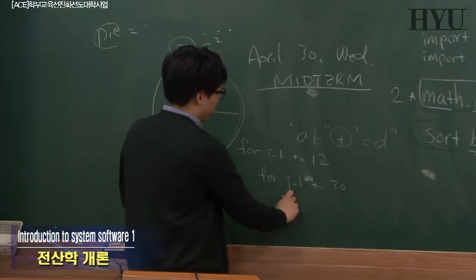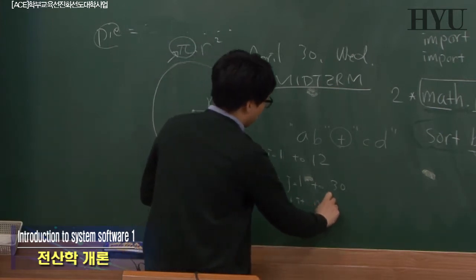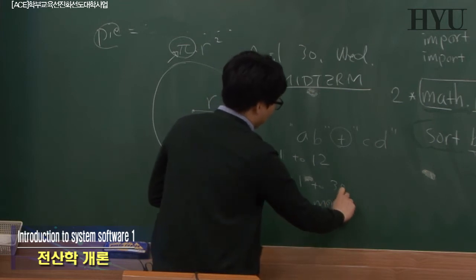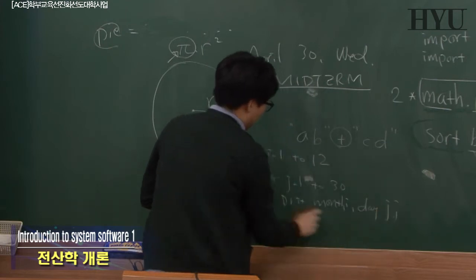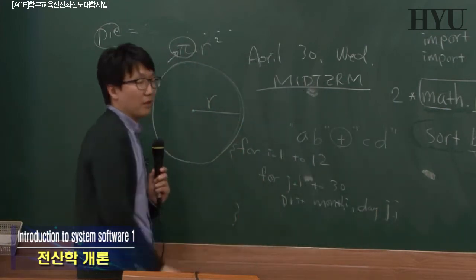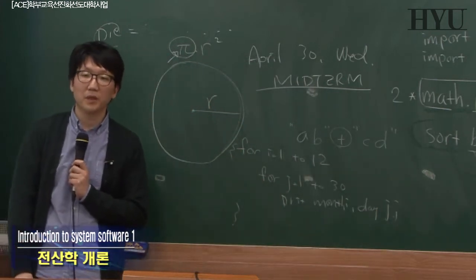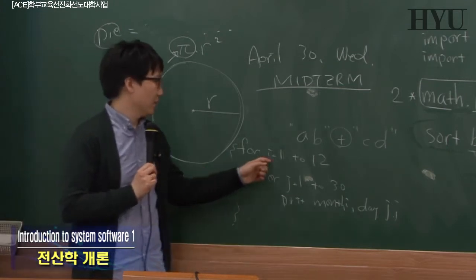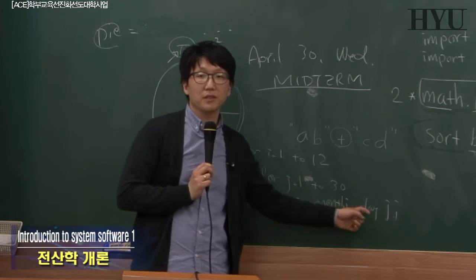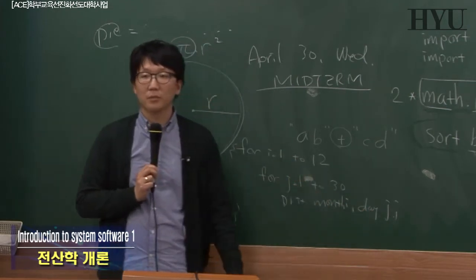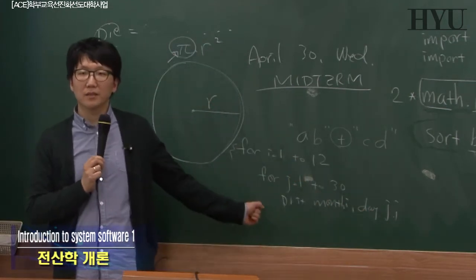If you print out month, I, day, J. 이렇게 하면 어떻게 돼? What's going to be our output? I1, J1, print I1, J2, blah, blah, blah. But is this correct?